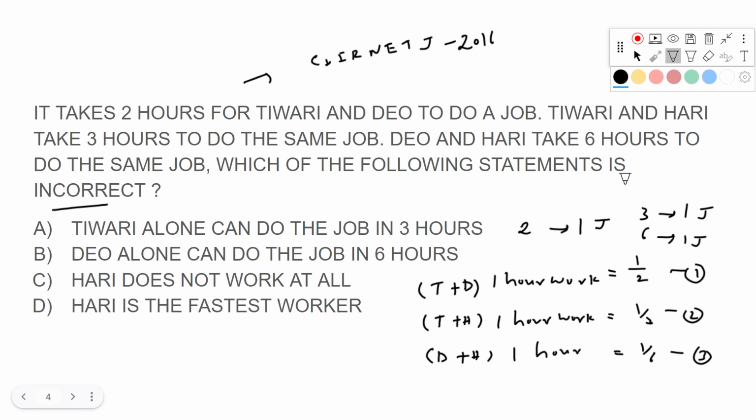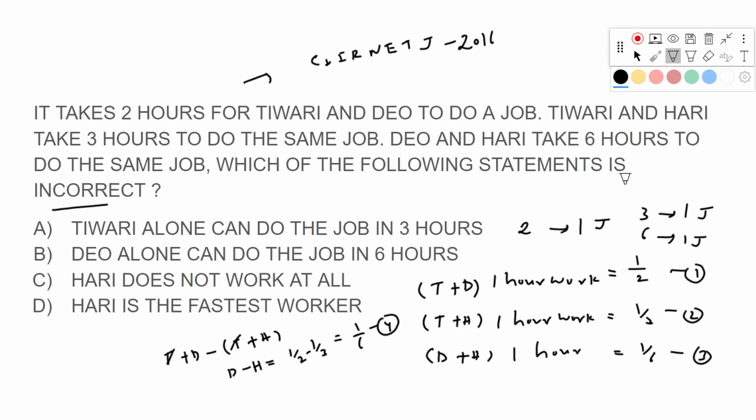So T plus D minus T plus H, T gets cancelled, and you get D minus H. That D minus H value is 1 by 2 minus 1 by 3, that means 3 minus 2 over 6, that is 1 by 6. D minus H is 1 by 6, so this is equation 4.